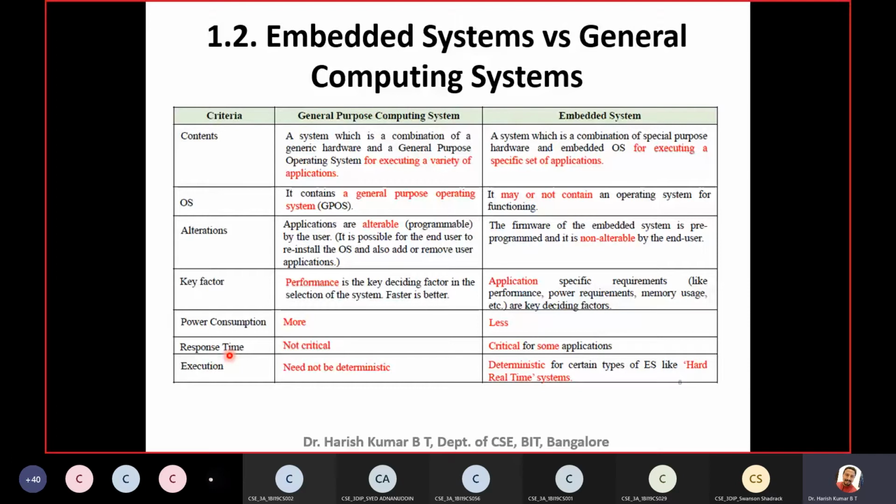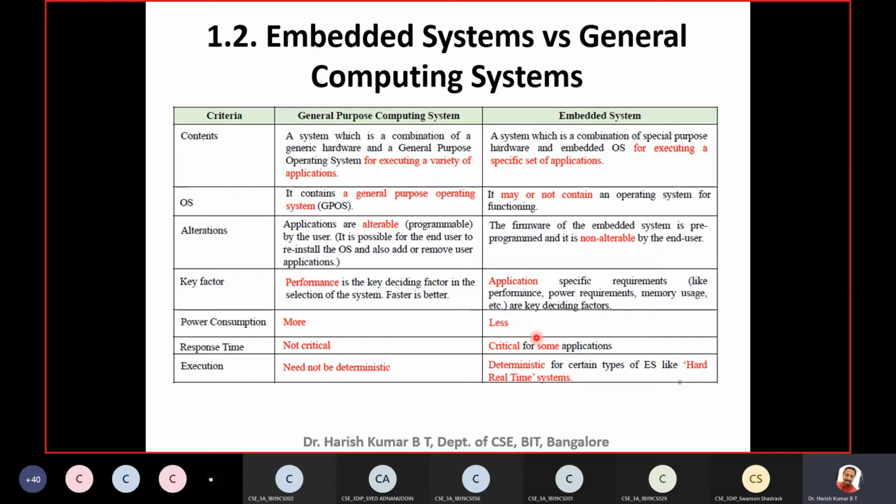And then response time. Response time for the general purpose computing system is not that critical. Even if there is some delay in the response time, nothing severe is going to happen. But when I say an embedded system, the response time is very important, especially for embedded systems designated as critical embedded systems, where the response time must be very good.